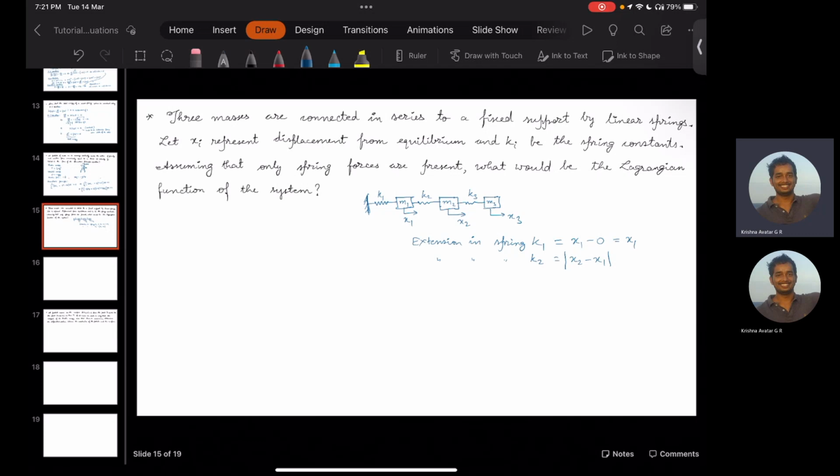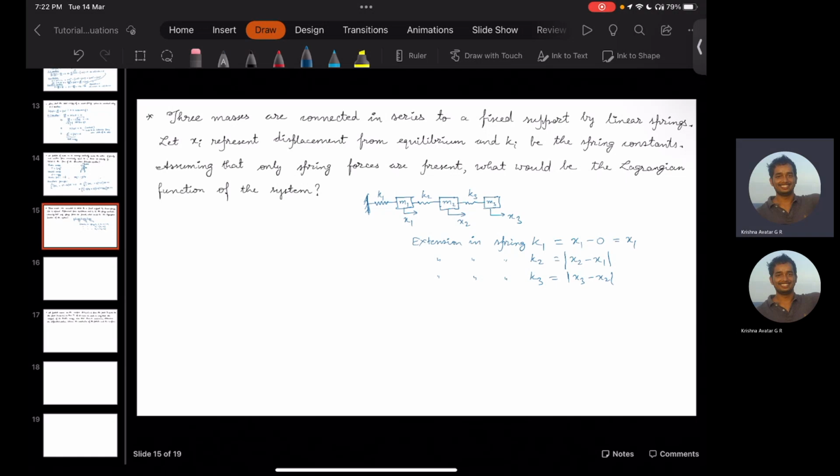I'll just take it as the absolute value of x2 minus x1. And likewise, the extension in spring K3, which is connected to two masses undergoing displacements x2 and x3 respectively, will be the absolute value of x3 minus x2. Okay.